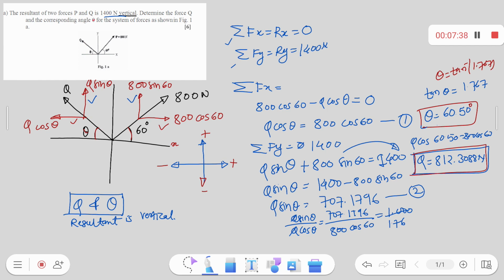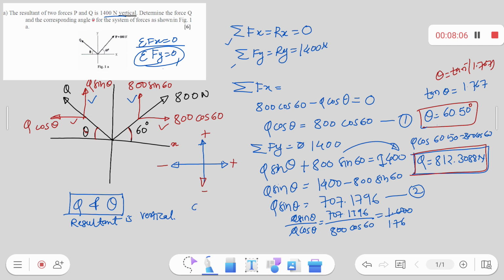So dear, if the resultant is acting vertical, remember summation Fx equals 0. If they say the resultant is acting horizontal, then summation Fy equals 0. When the resultant is horizontal, Fy equals 0, and when the resultant is vertical, Fx equals 0.